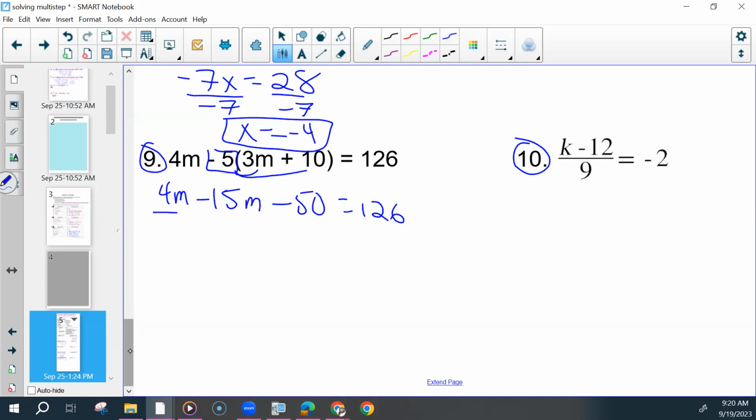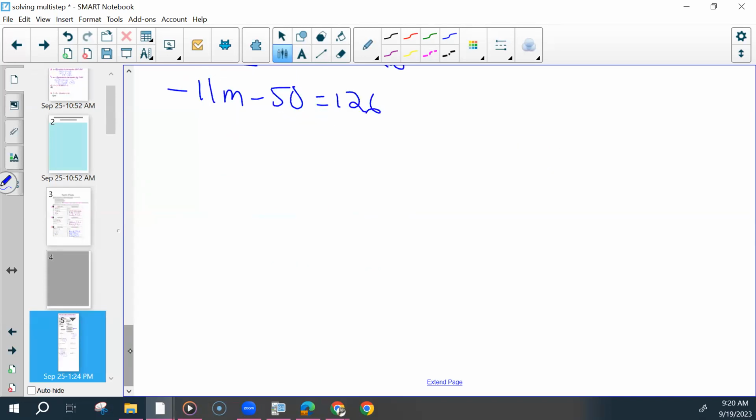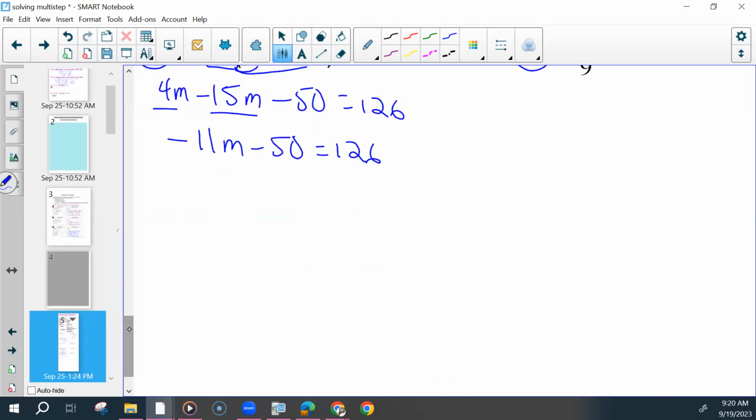Find like terms, correct? And then add 15. Right? And then divide. We need to divide.